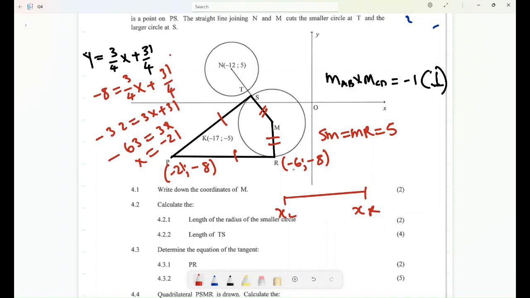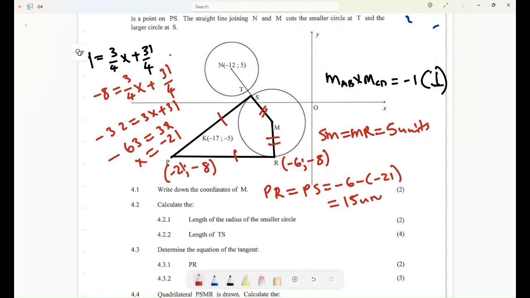So PR is equal to x right minus x left, which is -6 minus -21, and you get 15 units. This is 5 units. So if this is 15, 15, 5, 5.